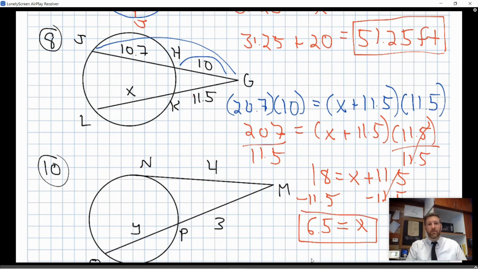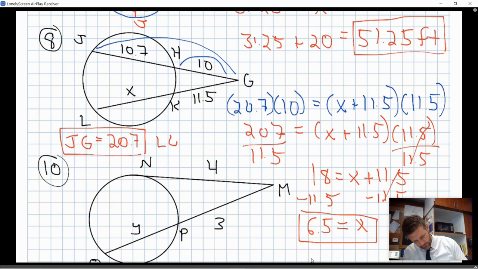All right, and then in order to find my other secants, well, the JG is really easy. We already did that. So JG is equal to 20.7. And my LG is equal to 6.5, which is what we just found, plus 11.5. It takes me back to my 18.